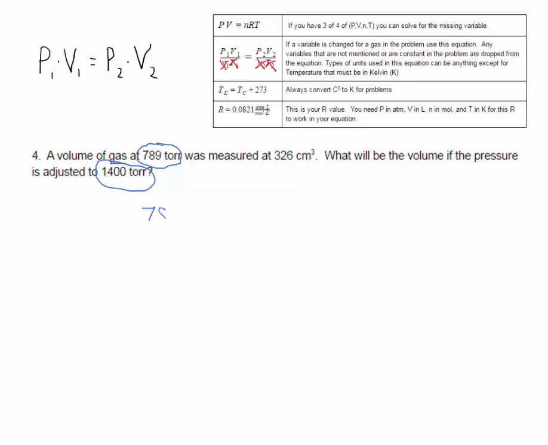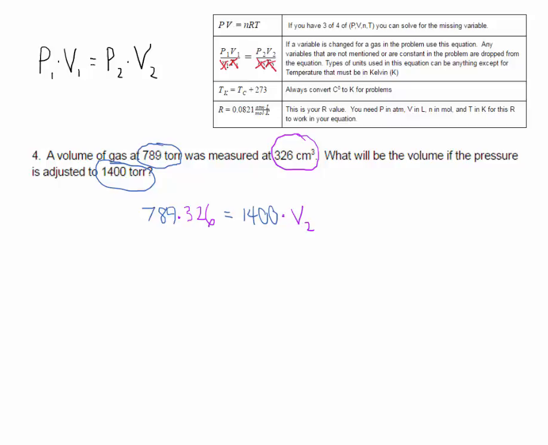So 780 and 1,400. And then I have my volume that was given. I'm going to plug that in for my V1, 326. And I'm going to solve for volume 2.